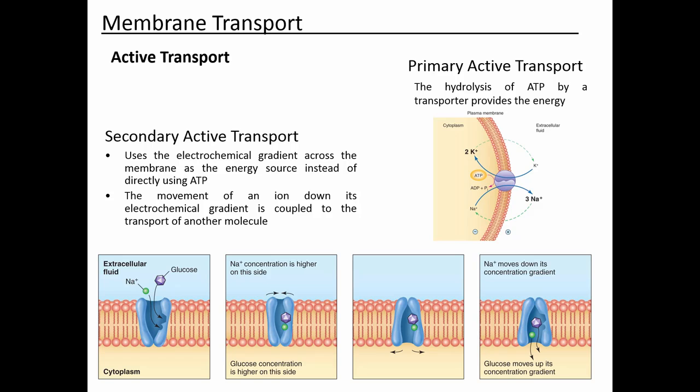Sodium is being moved out of the cell, potassium is being moved into the cell, and this transporter or carrier uses the hydrolysis of ATP as its energy source for that movement. So it hydrolyzes ATP, and that provides the energy for that carrier to transport both sodium and potassium against their concentration gradients.